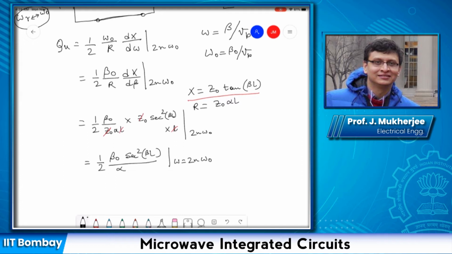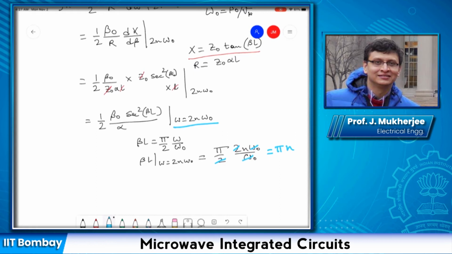Now beta L, recall, can be written as, so then when omega is given by this expression, beta L for omega equal to 2n omega 0 will be equal to pi by 2 times 2n, which becomes pi n.